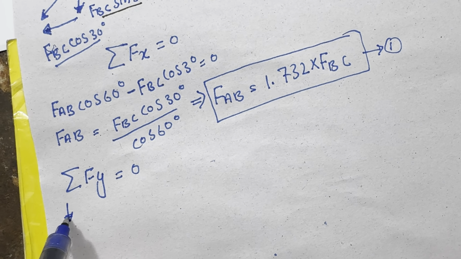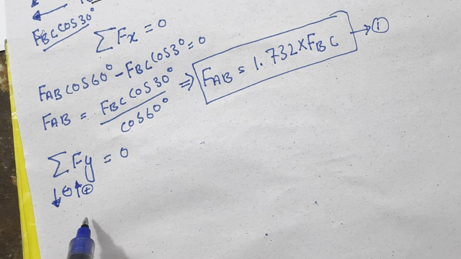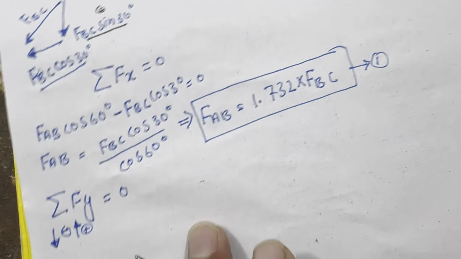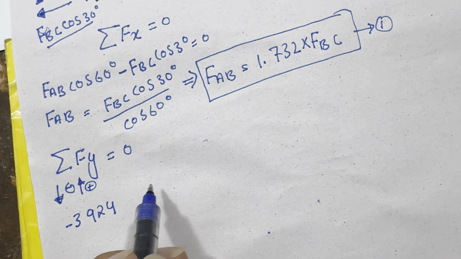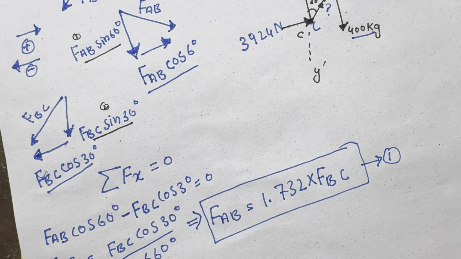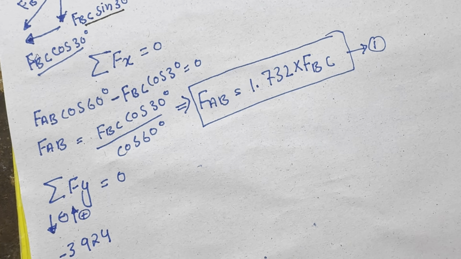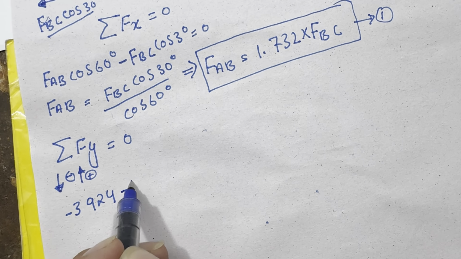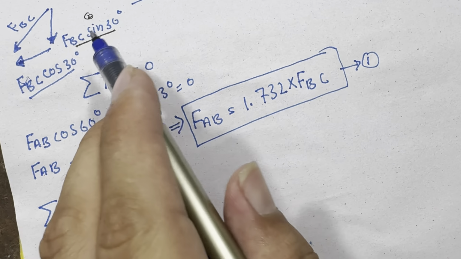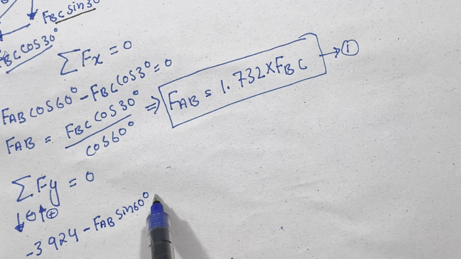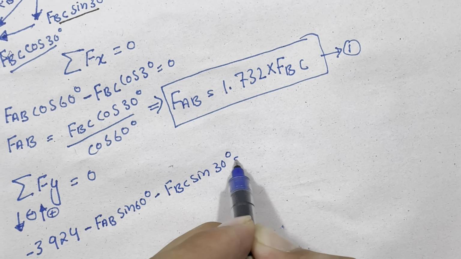The force directed downward will be negative and directed upward will be positive. So negative 3924, plus, both forces are directed downward, so negative FAB sine 60, and the other force negative FBC sine 30 equal to 0.